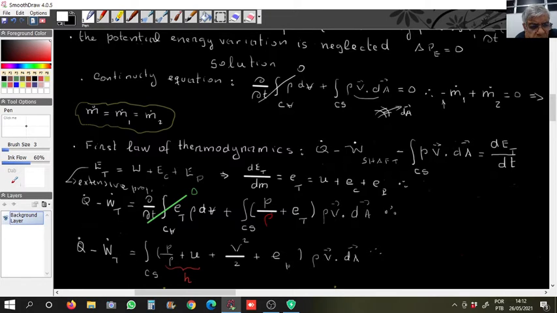I just use the notation m dot to represent m dot 1 and m dot 2.